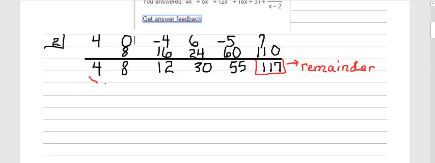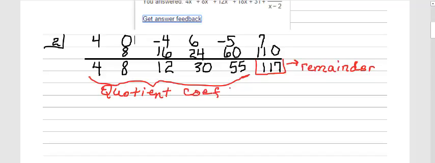And then these numbers are the coefficients of my quotient. And so the quotient is going to be a degree less. You can only use synthetic division if you are dividing by a linear divisor.